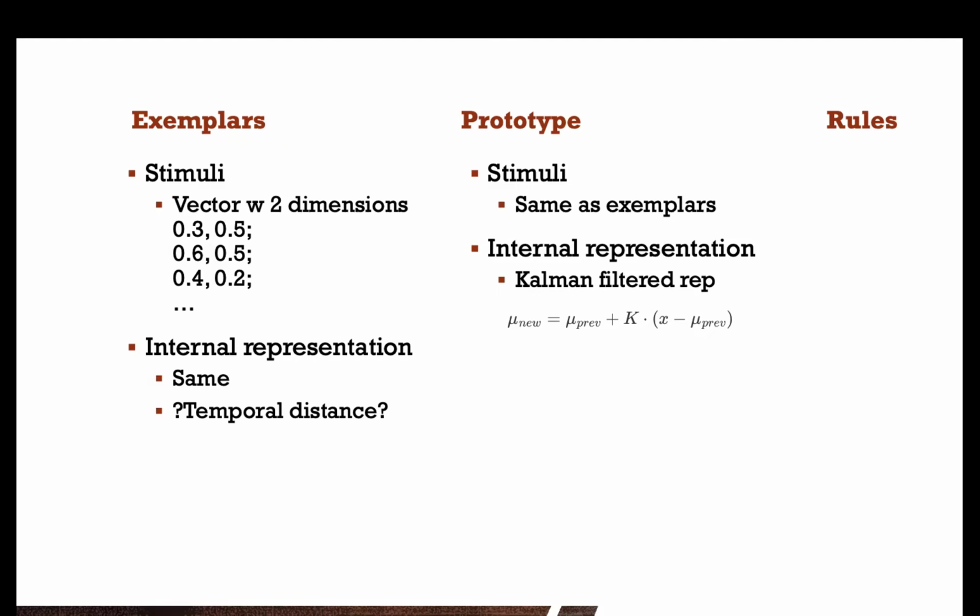So the formula of the Kalman gain is the squared variance of your previous mean, so how confident you are, divided by the squared variance of the previous mean plus a term called R, which is the uncertainty.